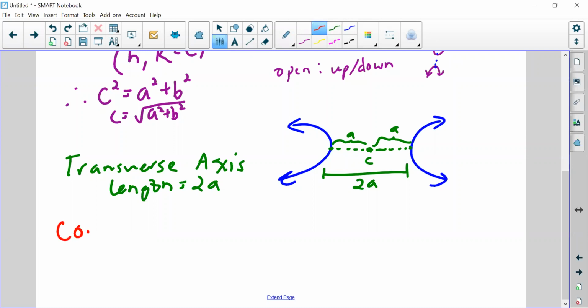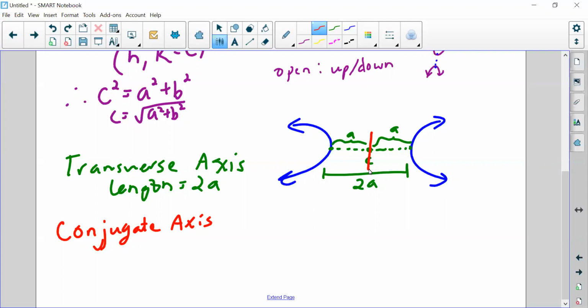We also have a conjugate axis. Okay, I'll spell that. Conjugate. And this axis, again, goes through the center, but it is perpendicular to your transverse axis.